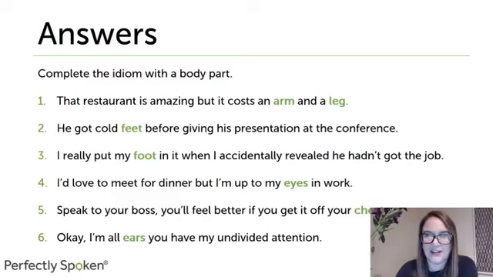Okay, let's have a look together. This is what you should have written. 1, the restaurant is amazing, but it costs an arm and a leg. Number 2, he got cold feet before giving his presentation at the conference. Number 3, I really put my foot in it when I accidentally revealed he hadn't got the job.